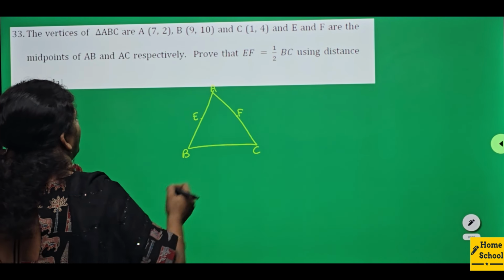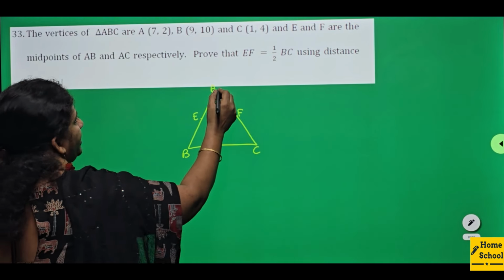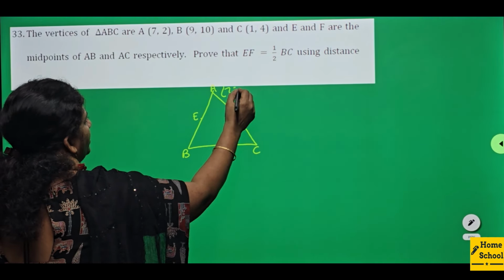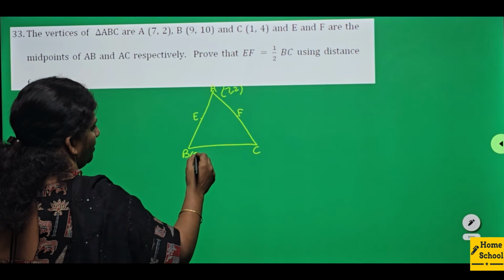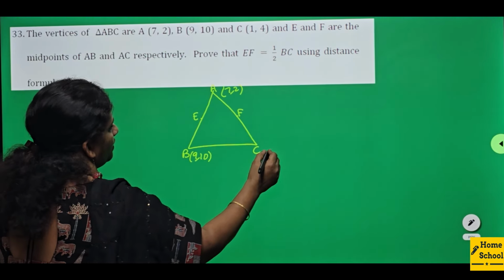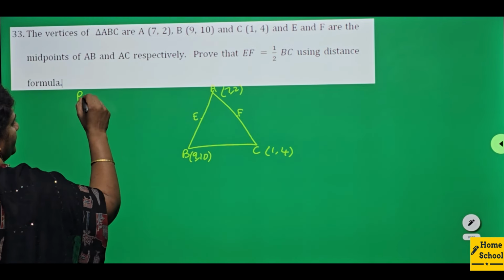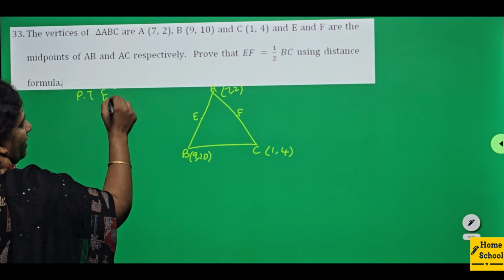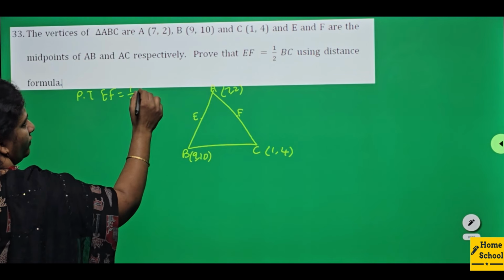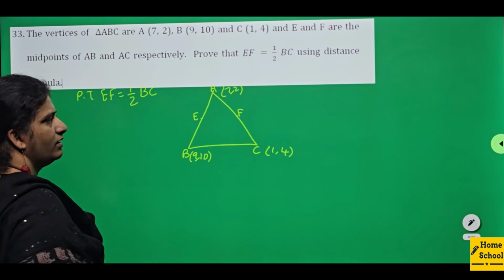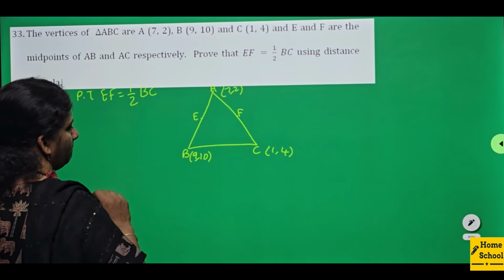F is midpoint of AC. The coordinates are 7, 2, 9, 10, 1, 4. Prove that EF is equal to half of BC using distance formula.